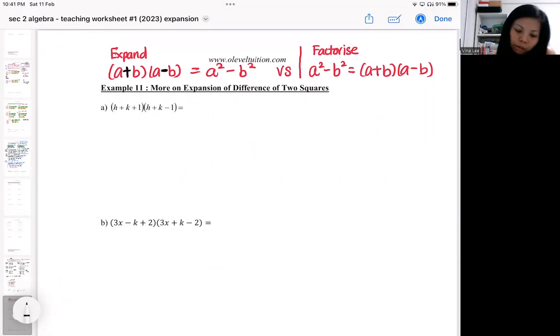So if you observe the first bracket, do you realize that the first bracket here got 3 items? And out of the 3 items, these 2 items are the same. And then this item is also the same. The only difference is the plus minus.